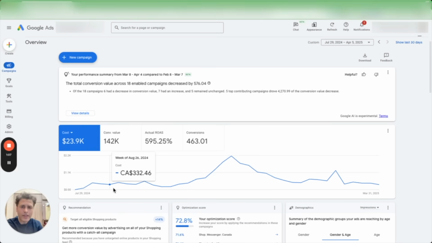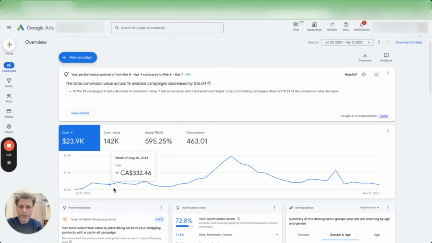Obviously he had a budget where he only wanted to spend $2,000 to $3,000 per month, and his goal was that he wanted to maintain a profitable ROAS. So something that is very important.